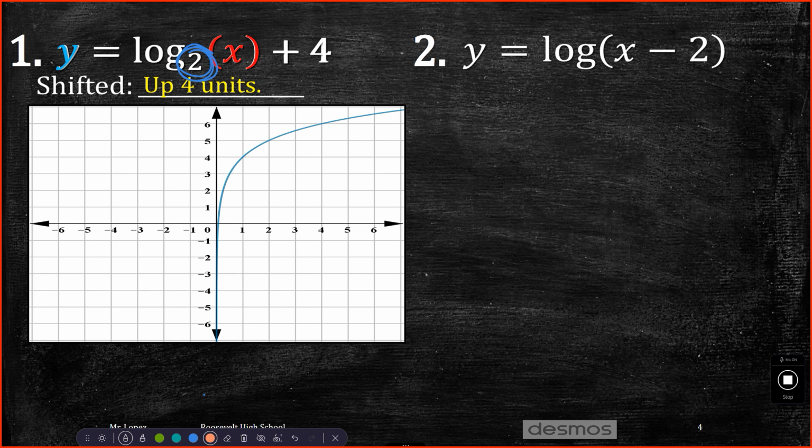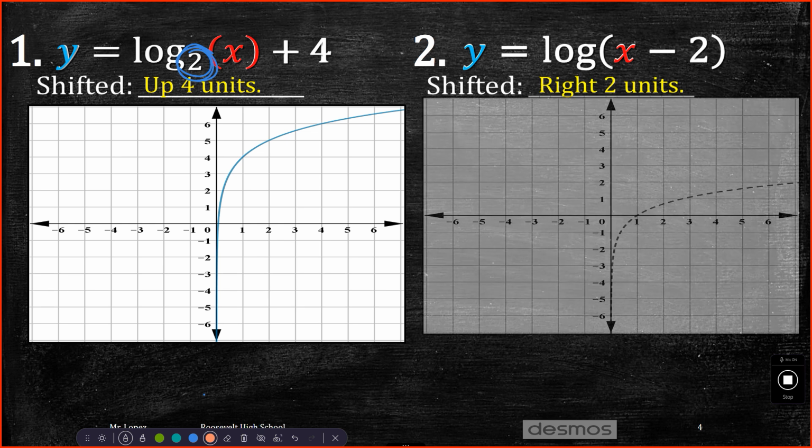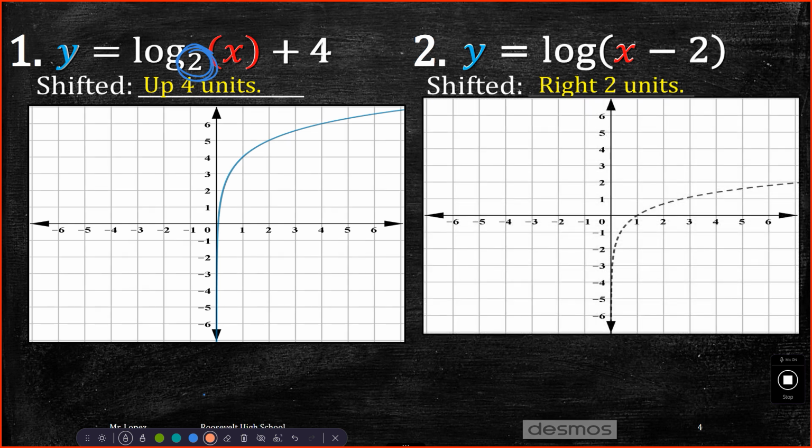But it still follows the same shape as a base 2. It's been shifted what? Up 2, down 2, left 2, or right 2? Right 2 is correct. It's been shifted right 2 units. So the parent function will be shifted to the right 2.